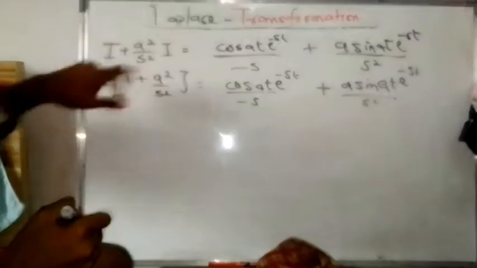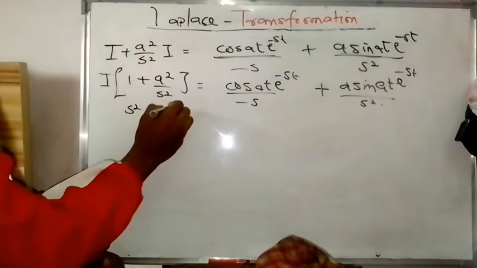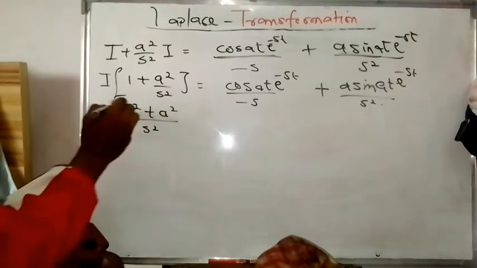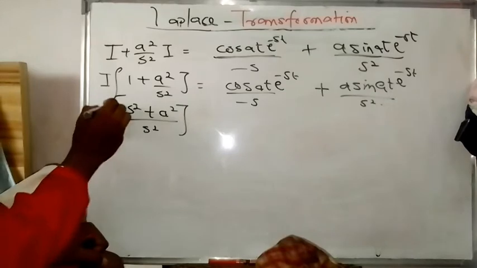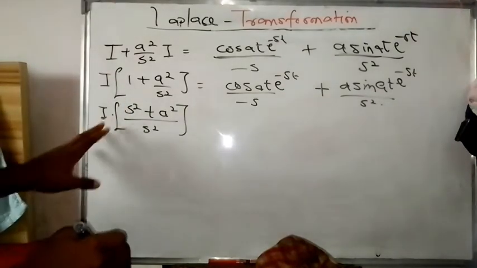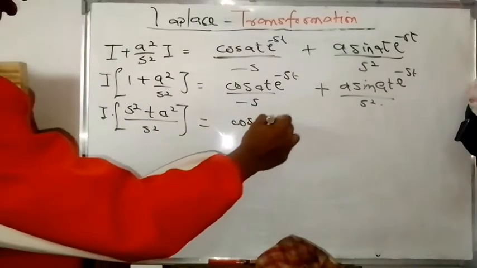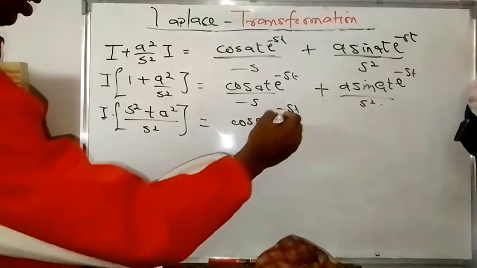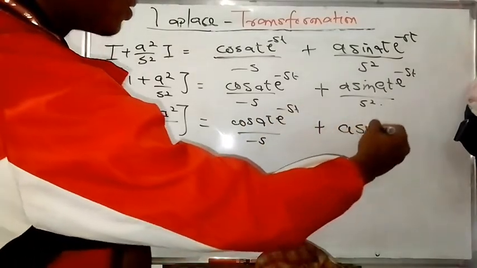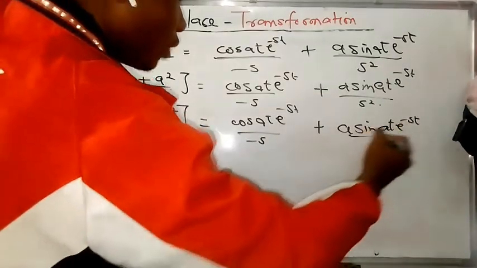So simplifying this, we'll be having s squared plus a squared divided by s squared, times I, which is now equal to this.